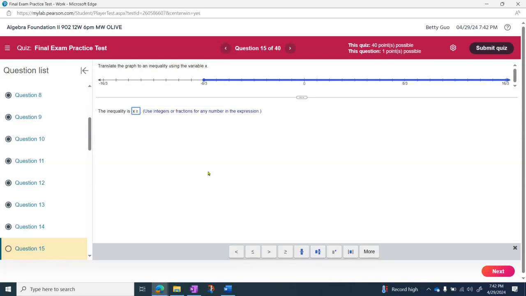Because the shaded region is to the right of the number, so it's bigger. The negative 8/3 is the lower bound of the region. Here is a solid dot, so we have bigger than or equal to. Next.